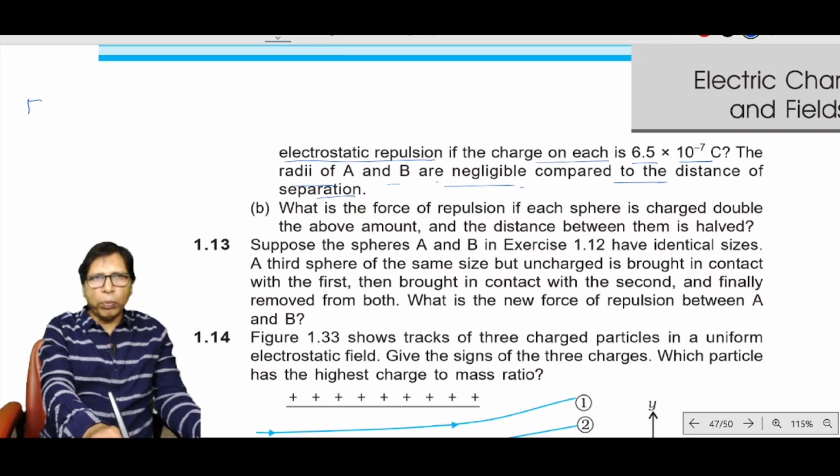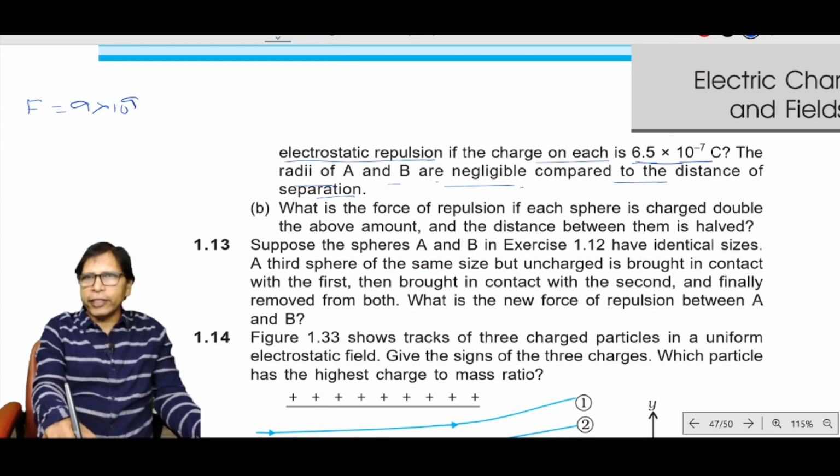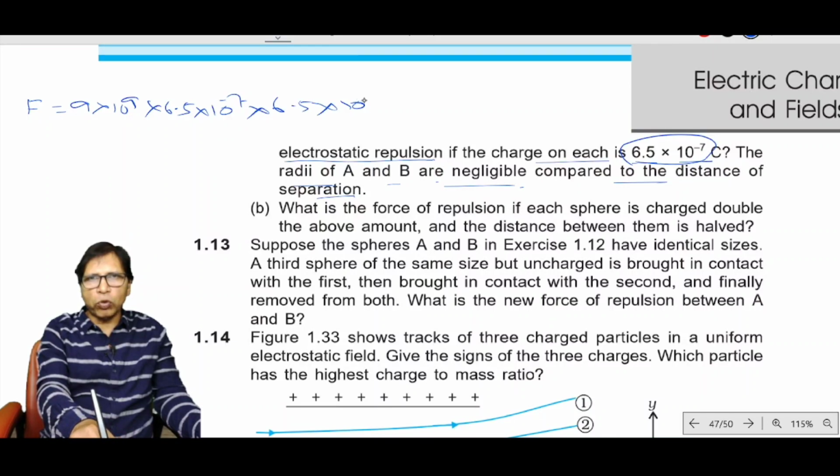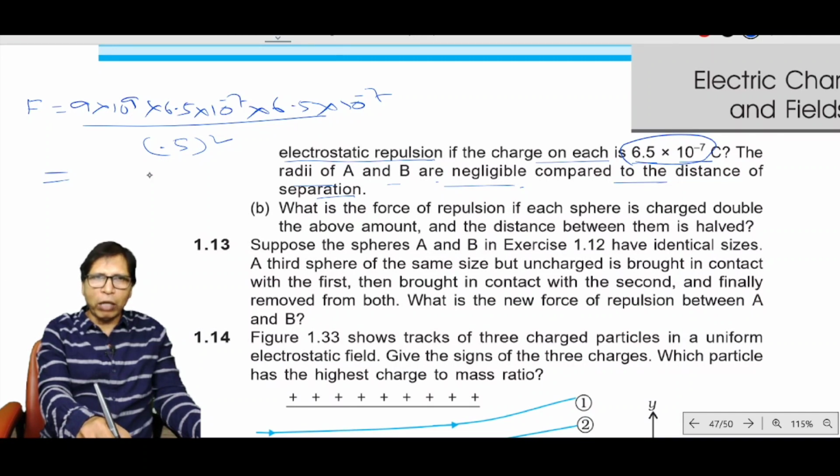The force of interaction F equals 9 into 10 to the power 9, times Q1 and Q2, which is 6.5 into 10 to the power minus 7 into 6.5 into 10 to the power minus 7, divided by 0.5 whole square. 0.5 whole square means 1 by 4.